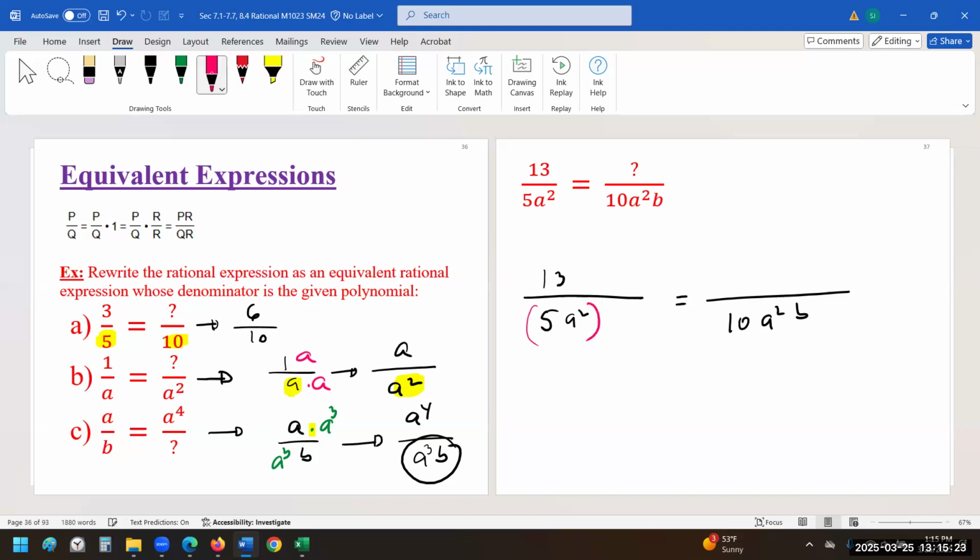So we need to multiply the denominator by what to convert 5 to 10 and a squared to a squared b? By 2. You can only multiply by 2. And how about the variable? We have a squared, but here we have an extra variable. So you have to multiply by b.